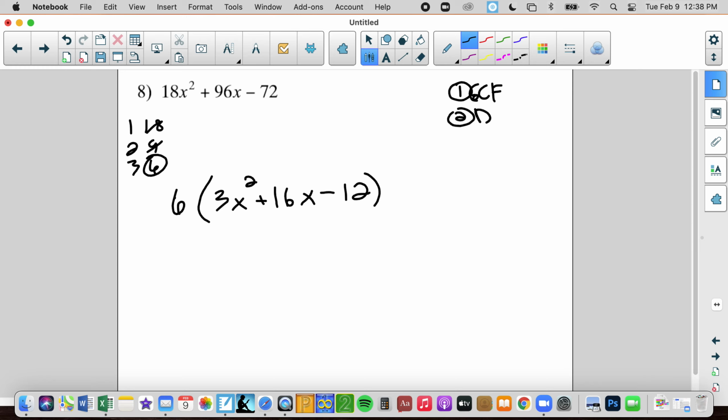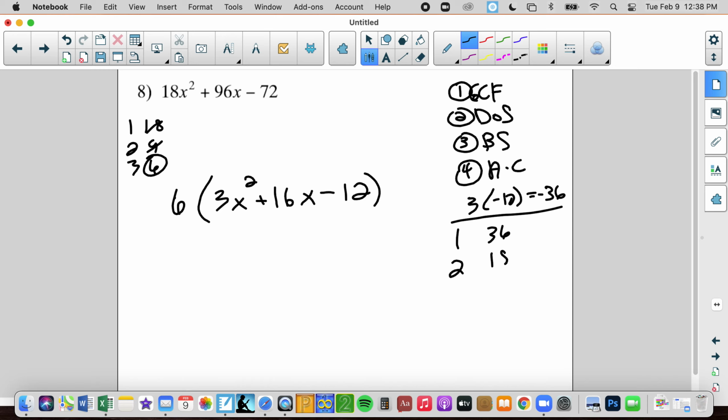Is it a difference of squares? No. A binomial square? No. Then a times c. We got 3 times negative 12 is negative 36: 1 and 36, 2 and 18, 3 and 12, 4 and 9, 5 no, 6 and 6. Signs are different.